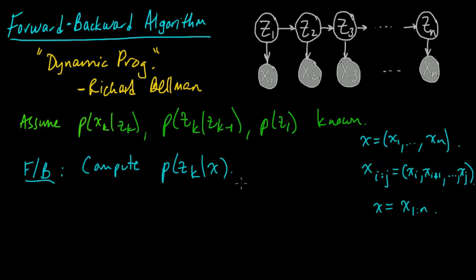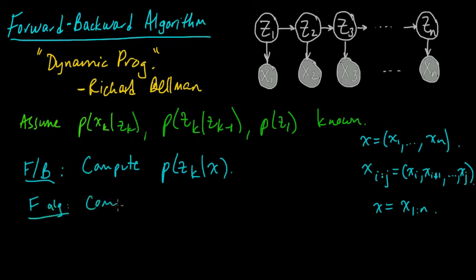And our goal in the forward-backward algorithm is to compute the marginal probability on one of these z's given all the x's, observed. And it can be broken up into the forward part, the forward algorithm.